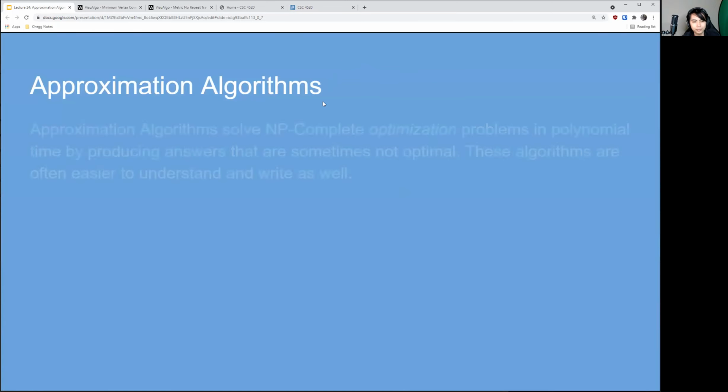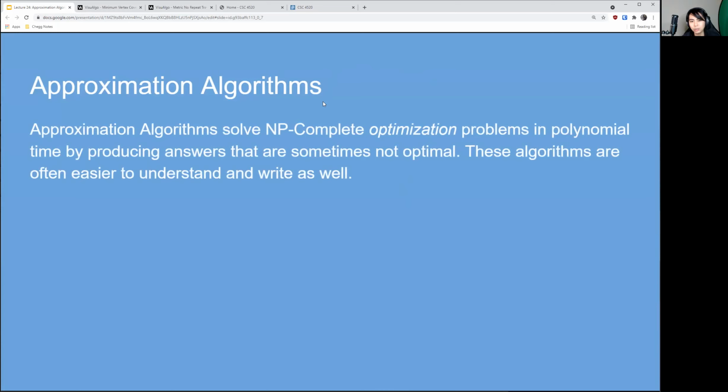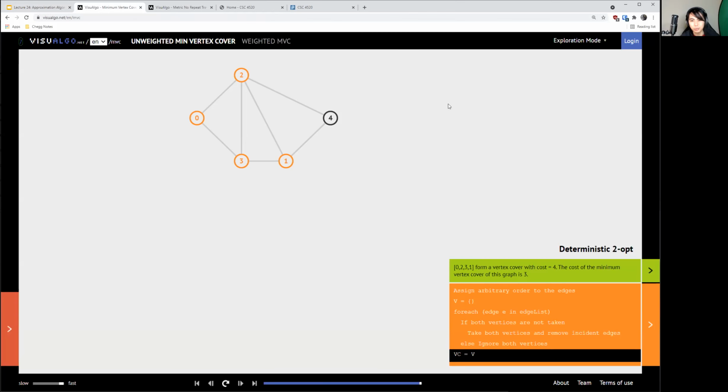All right, let's start. Approximation algorithms, as we saw, solve NP-complete optimization problems in polynomial time by producing answers that aren't actually that good, right? They're sometimes optimal, but most of the time they're good enough. These algorithms are oftentimes easier to understand and easier to write. And that's the example we saw here.